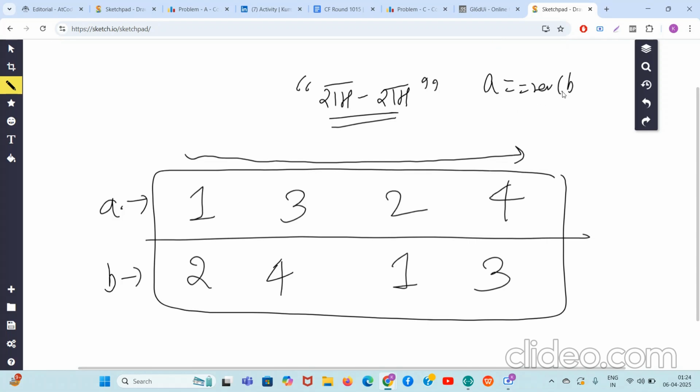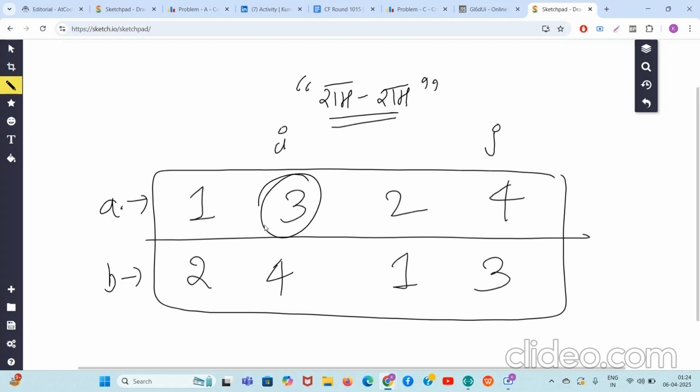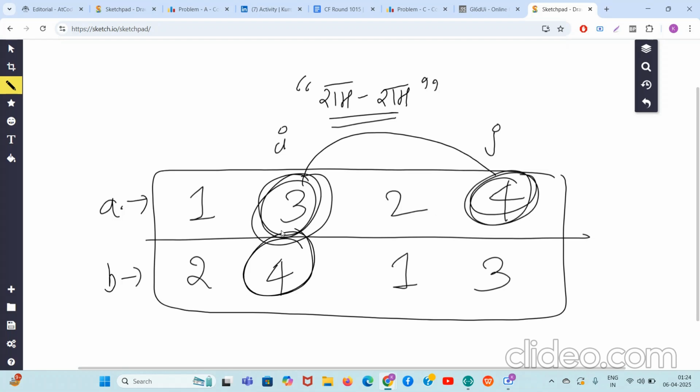Now, in one operation, you can swap numbers. You can select any index I and index J. Then you can swap this number with this number, and simultaneously this number needs to get swapped with this number.